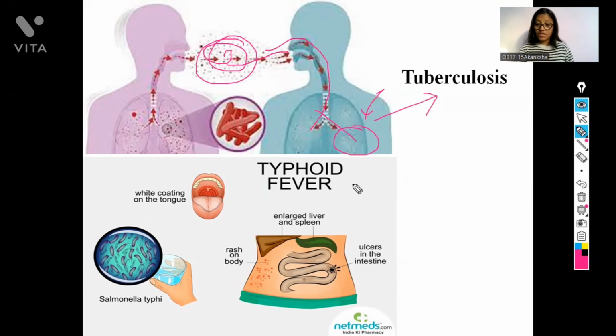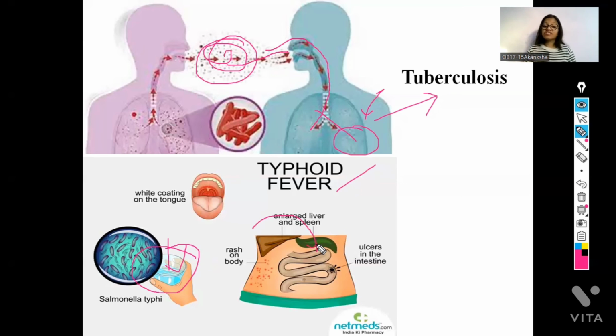Now the second example is typhoid fever, or typhoid, which is caused by the bacteria called salmonella. Here we can see that salmonella enters our body through contaminated water, and then this contaminated water reaches our intestine, causing ulcers.